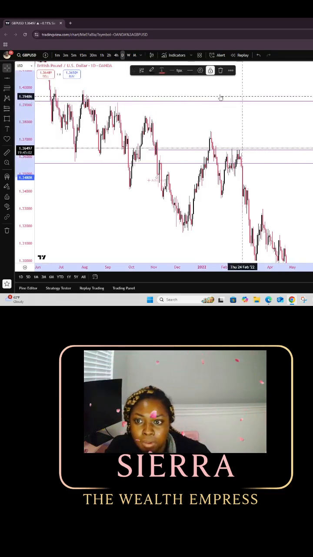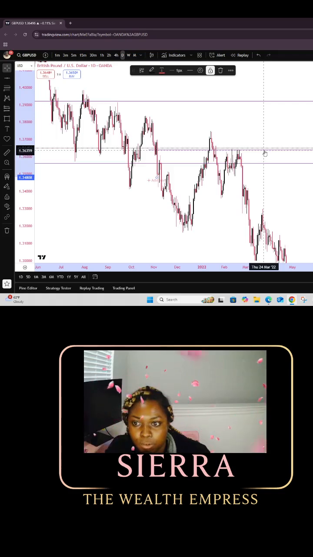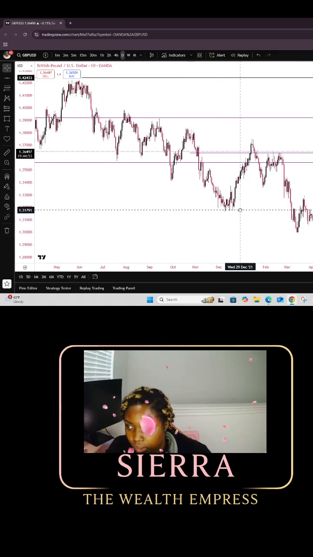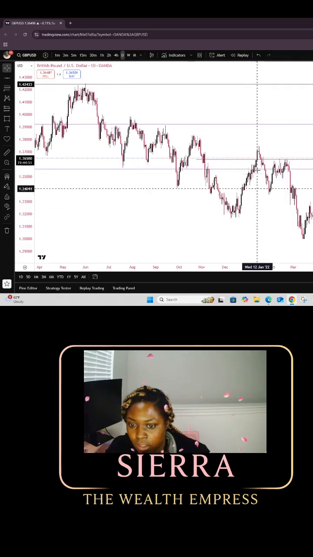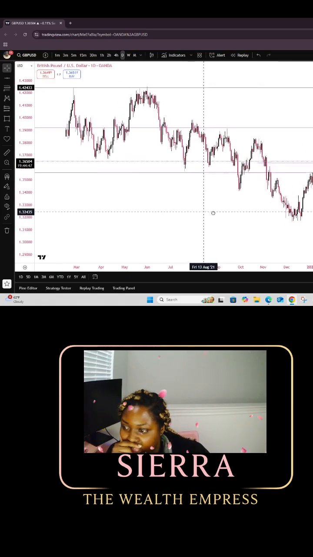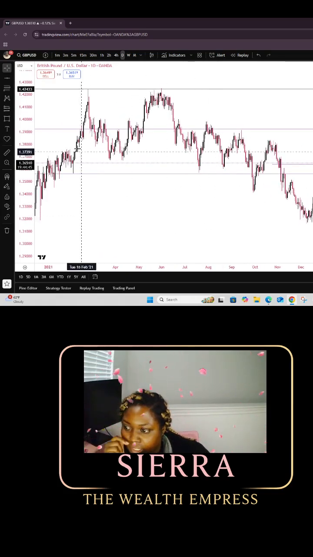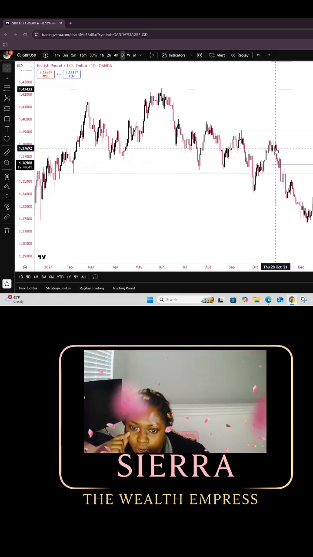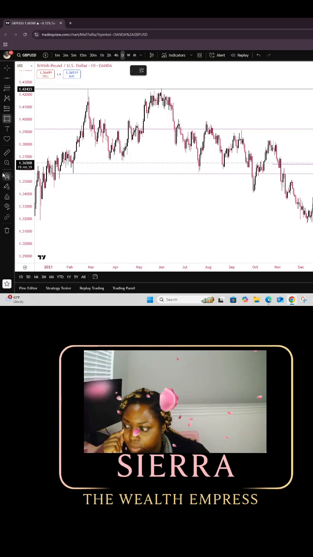Although last week GU did move like 400 and something pips in a week, that's rare that price does that, right? So in between here and here, I want to find another fair value gap. And I see one right here, and I'm looking at this one because I see all these rejection points right here. Okay.